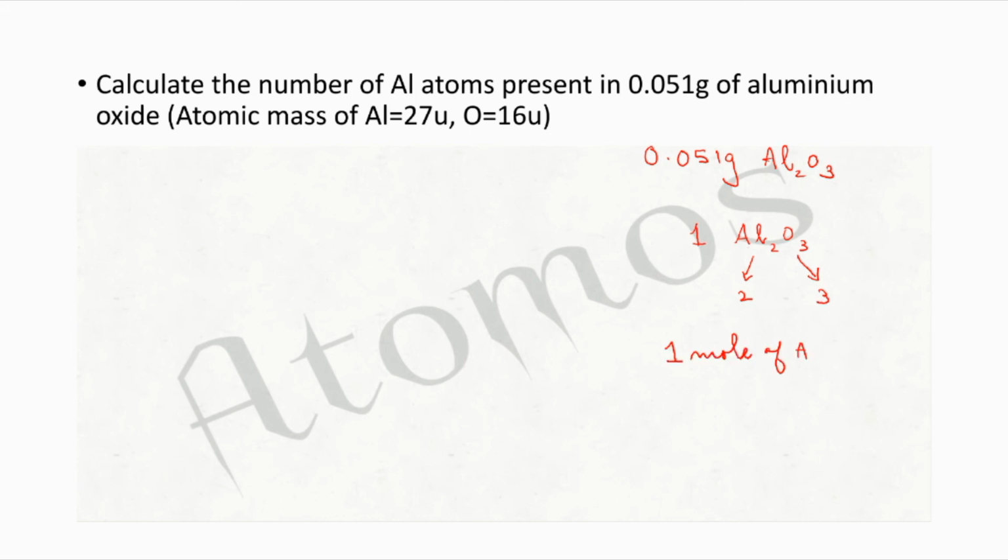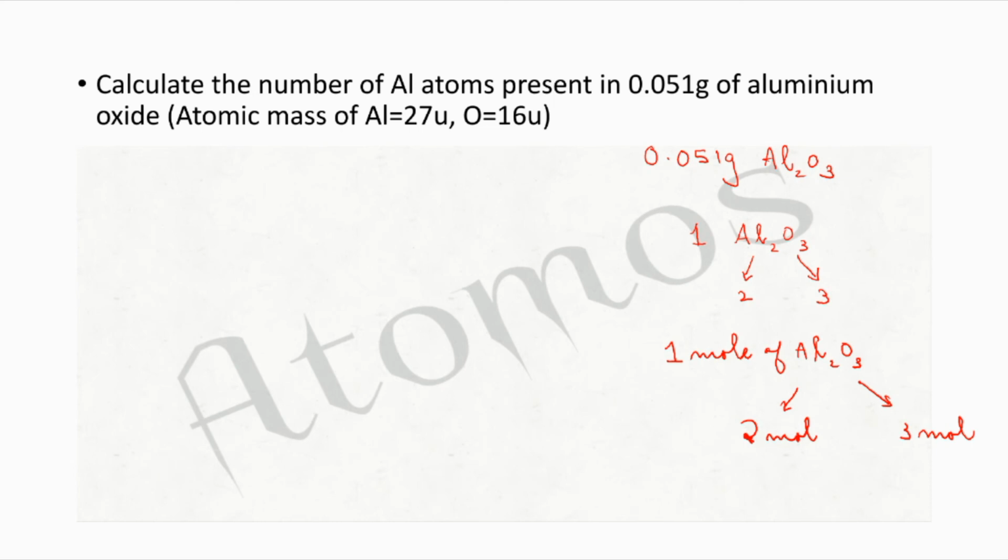Suppose you take 1 mole of aluminium oxide, how many aluminium atoms will it contain? It will be 2 mole. Agreed? And what will be the number of oxygen atoms? It will be 3 mole. So you should remember this concept in your mind.